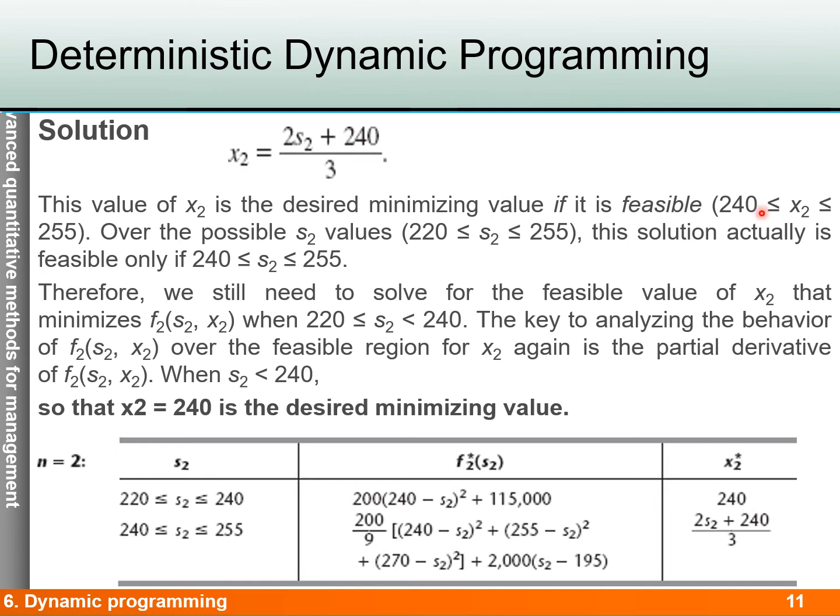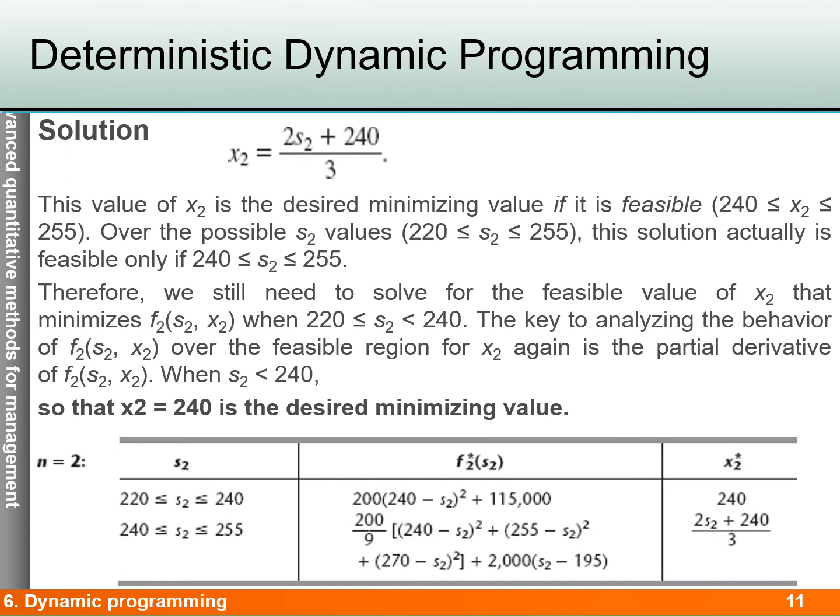As you see here, this 226.7 is not in this interval. If I check it by trial and error, I'll see this one is only valid when S2 is between 240 and 255. If I put 240 here, it gives me 240.